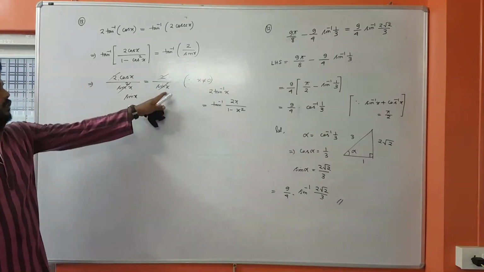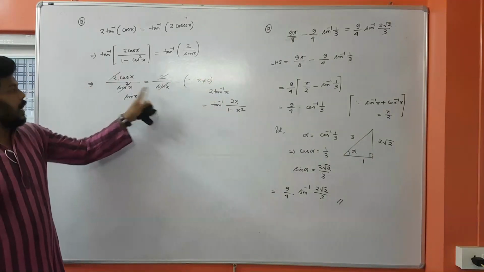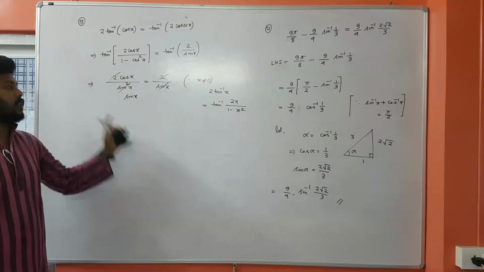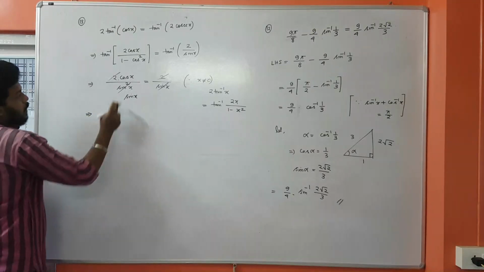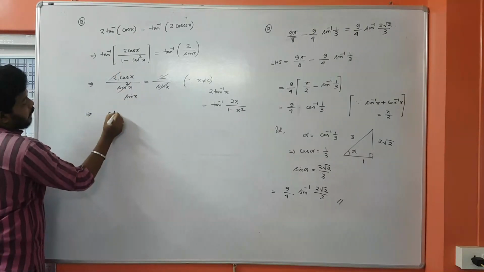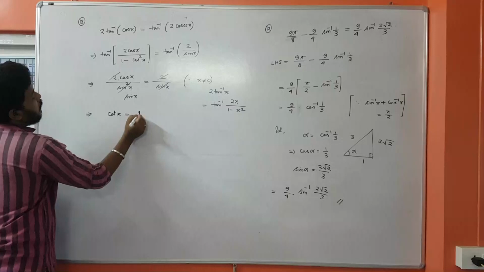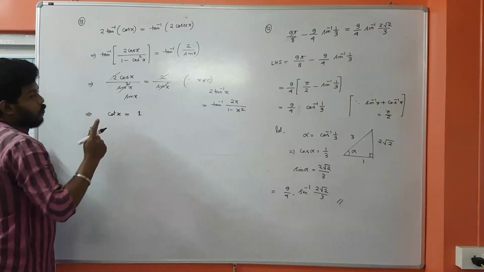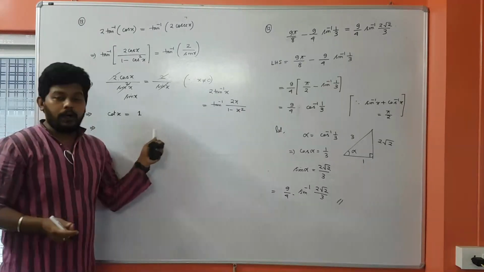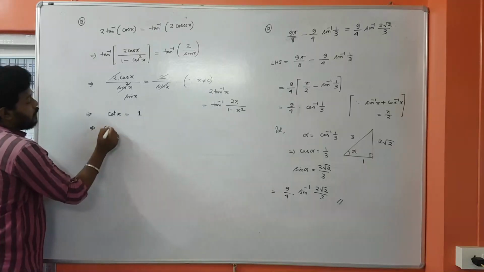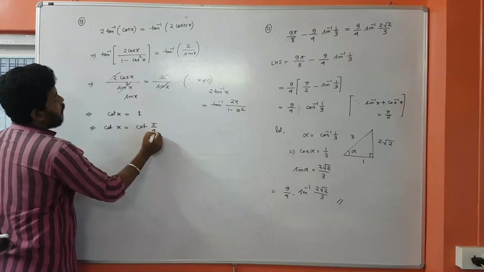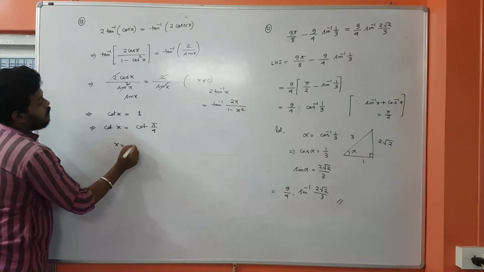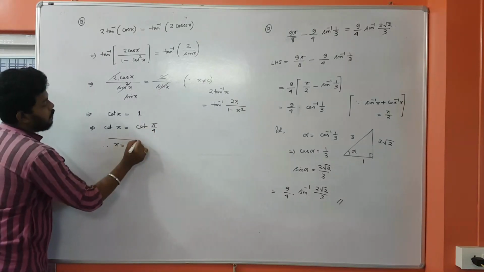For x equal to 0, this is 0, this is 0. So, if you cancel sin on both sides, you must write x not equal to 0. Now, we are getting cos by sin, it is cot x equal to 1. The value of x for which cot is equal to 1 is pi by 4. You can write cot x equal to cot pi by 4. Hence, x equals pi by 4.